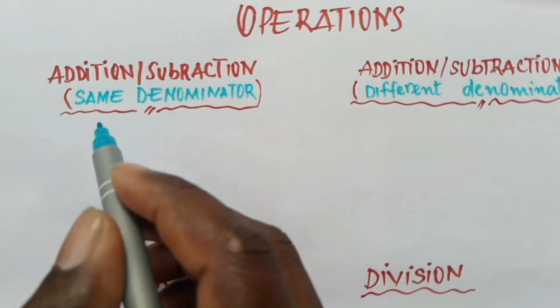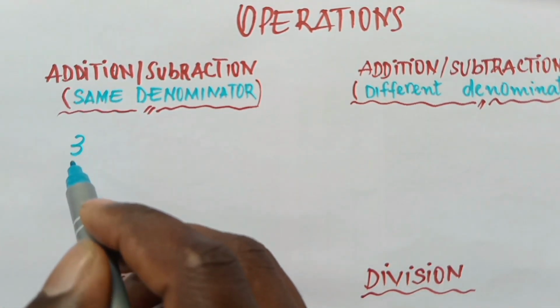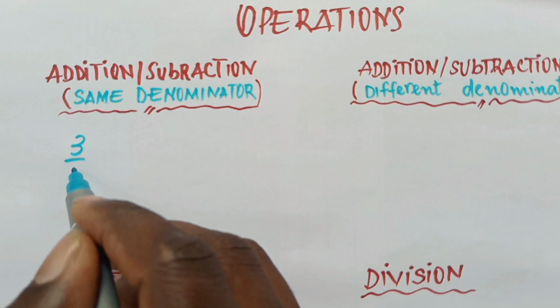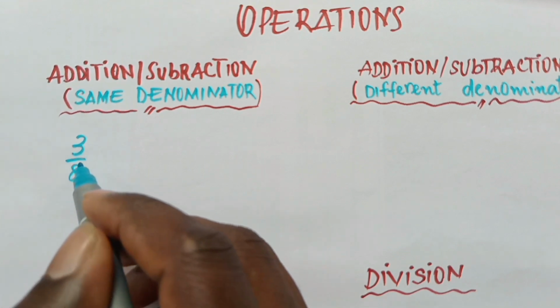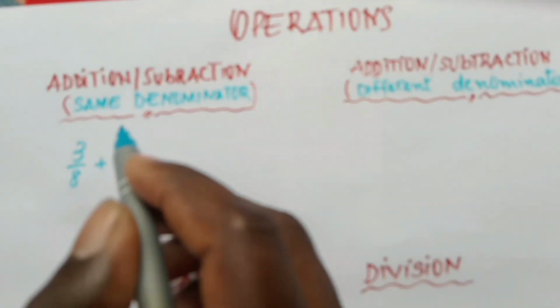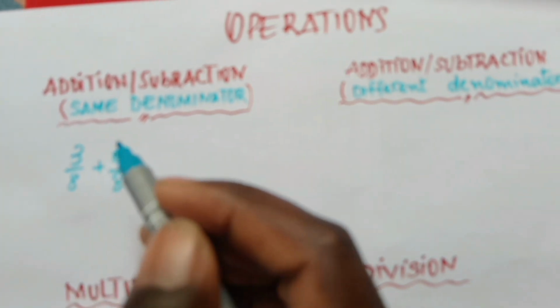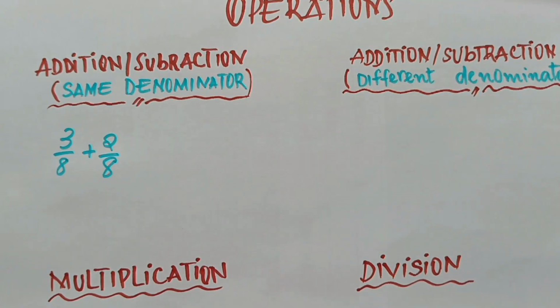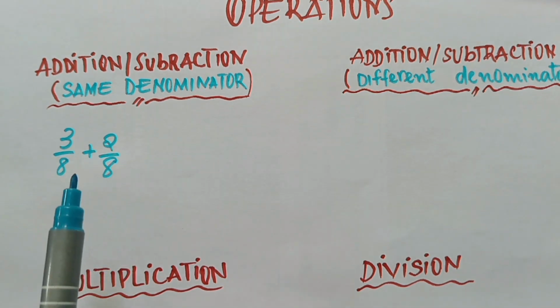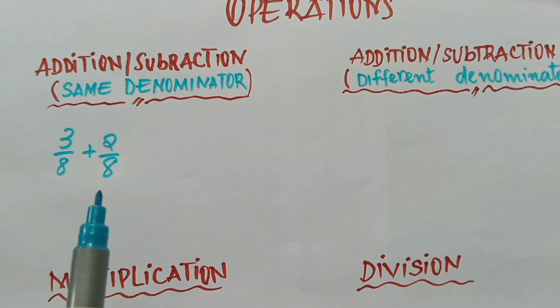For example, I have here 3/8 plus 2/8. We have this expression. The first thing you have to do is identify the denominators.